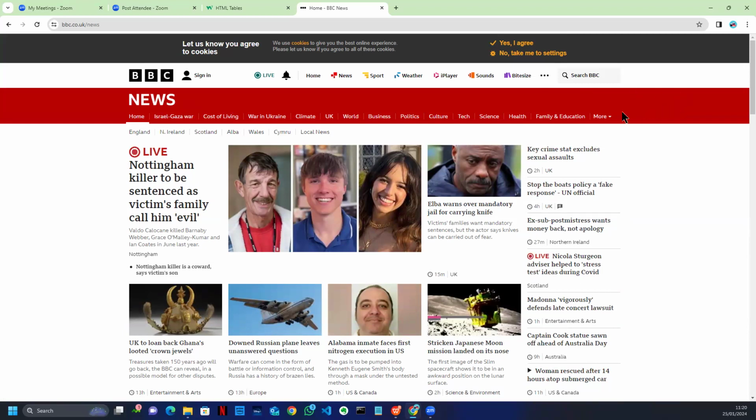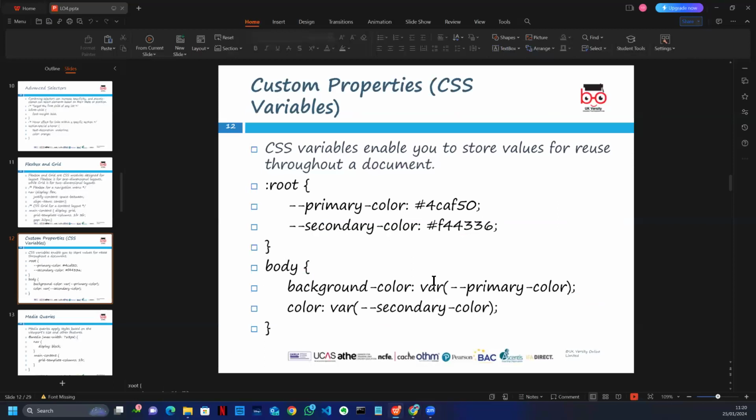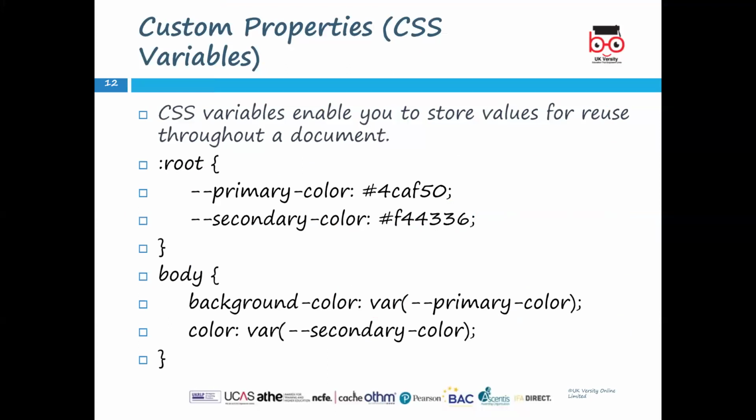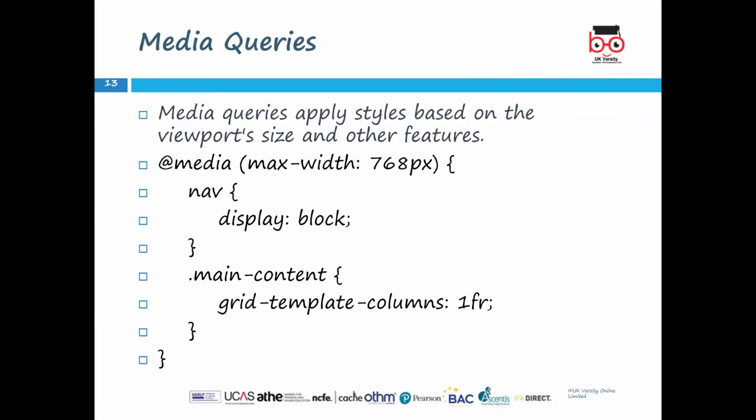Say in the future they want to change their primary color, make it, I don't know, green or blue. They'll use this as a CSS variable and change it, because they know that in the future they'll need to make changes to improve the user interface. We spoke about media queries yesterday.